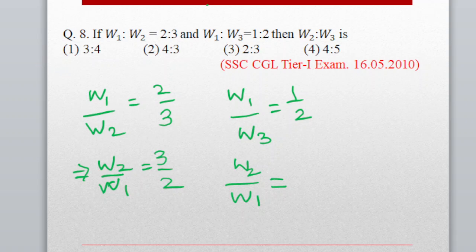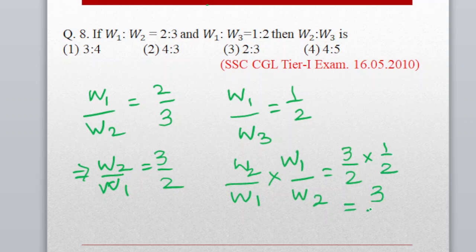Then it can be written as W2 by W1 into W1 by W3 is equal to 3 by 2 into 1 by 2. So that is equal to 3 by 4.